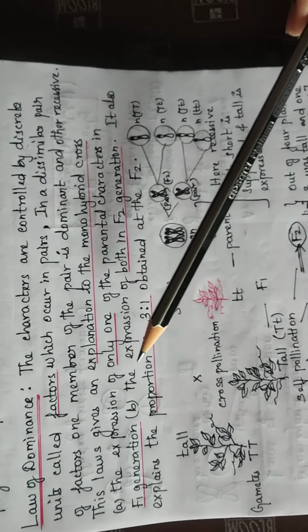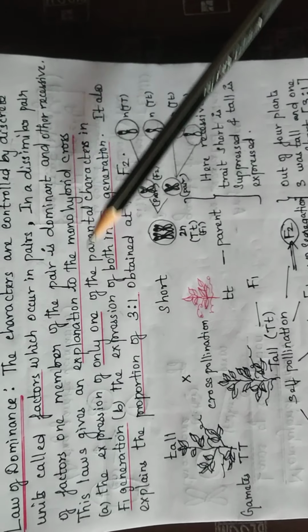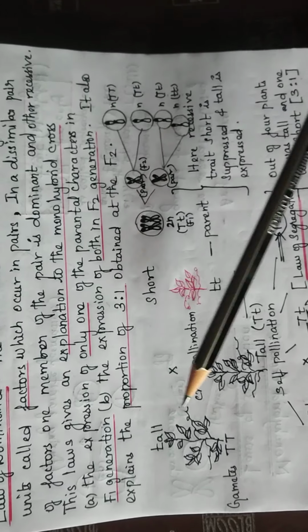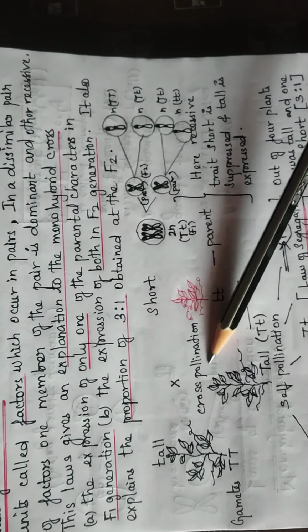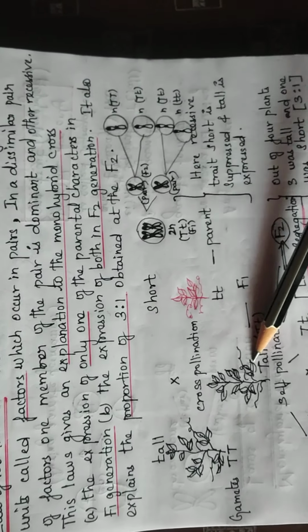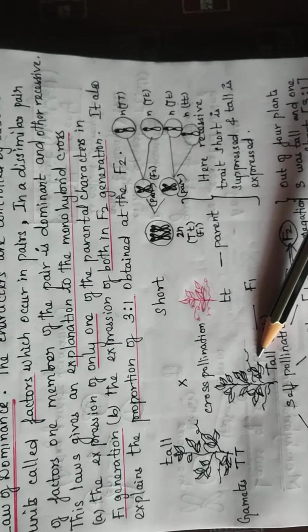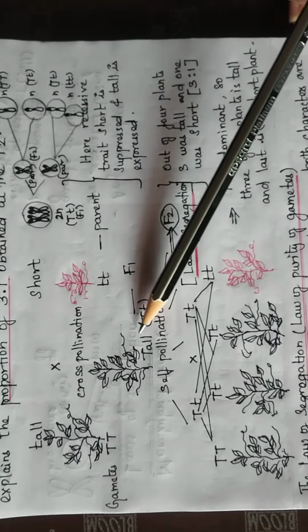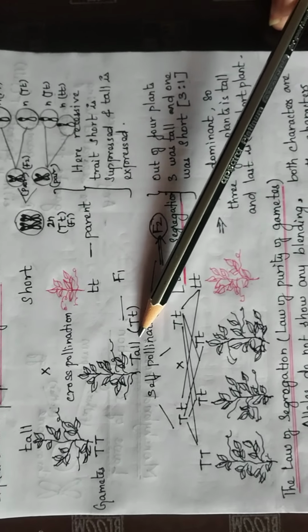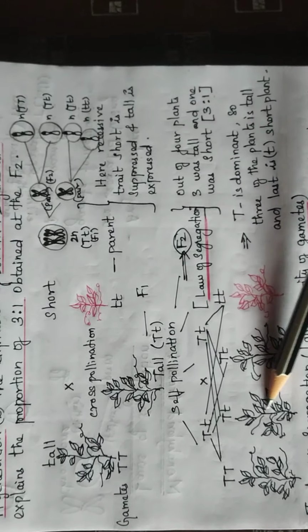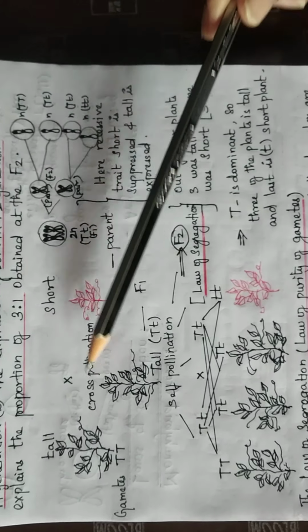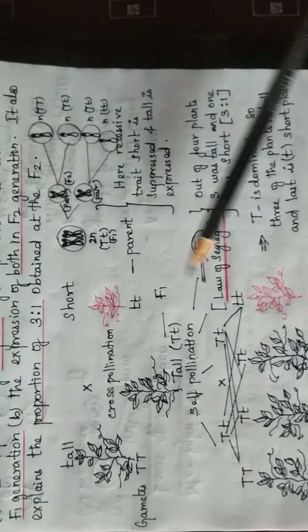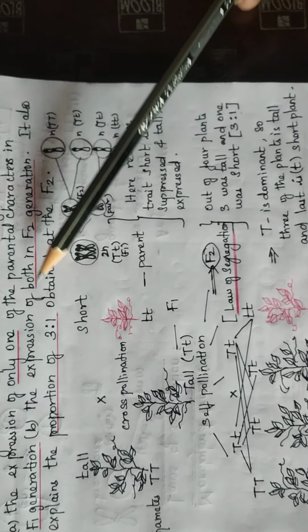So now we can see that only one parental character is expressed in the F1 generation. When tall plants and dwarf plants are crossed, only tall plants were obtained in the F1 generation. But in the F2 generation, by self-pollination, two types of plants were produced: 3 tall and 1 dwarf, both expressed in F2.